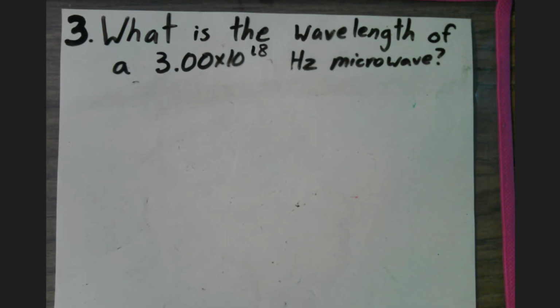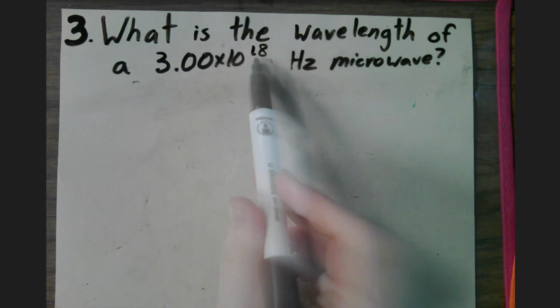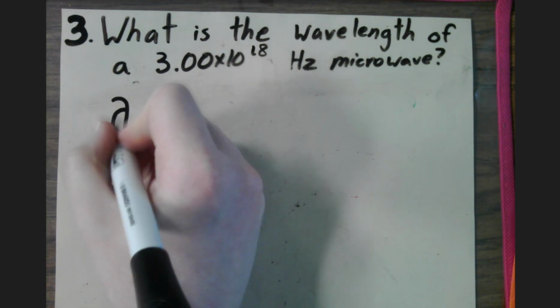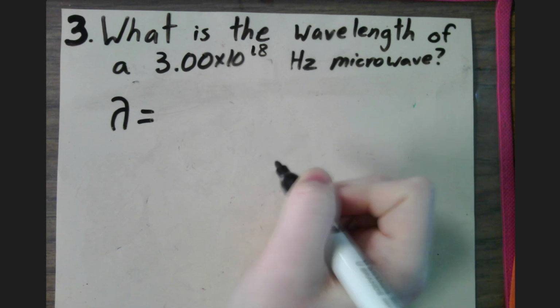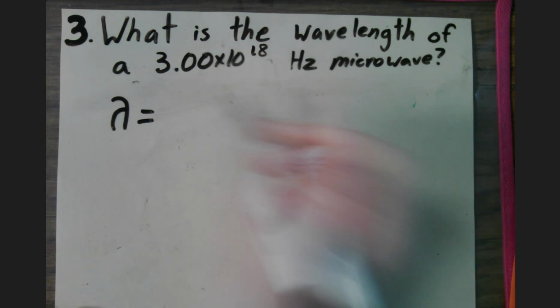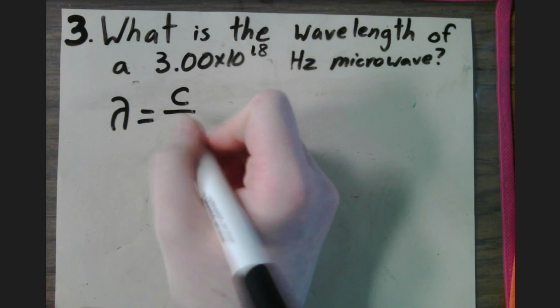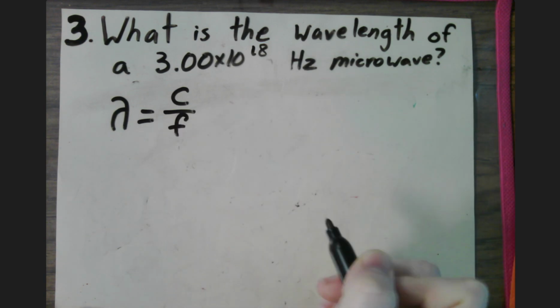What is the wavelength of a 3.00 times 10 to the 18th hertz microwave? We're going to start with our formula like we do. Lambda, the wavelength, is equal to the speed of the electromagnetic wave over the frequency.